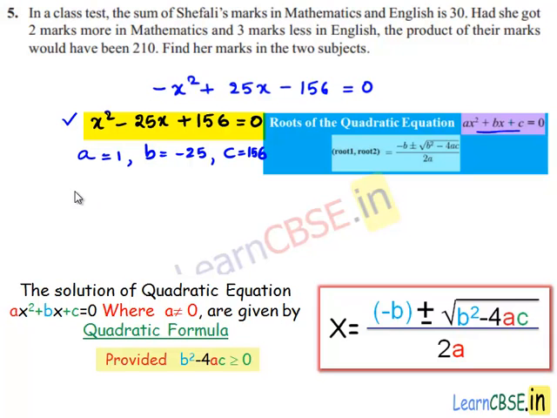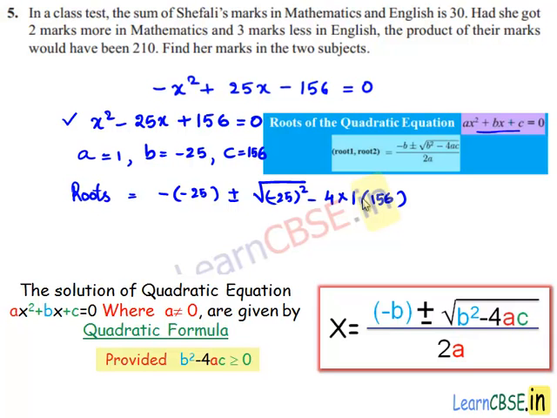So the roots are minus b, which is minus of minus 25, plus or minus square root of minus 25 square minus 4 times of a is 1 and c is 156, divided by 2a, which is 2 times of 1.